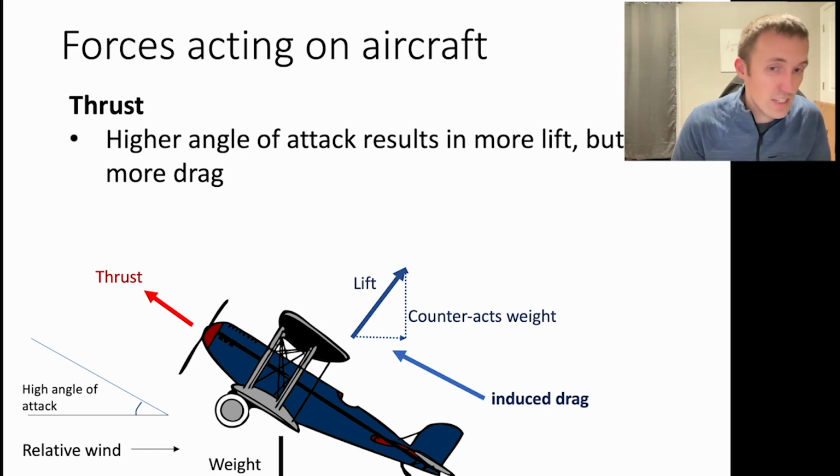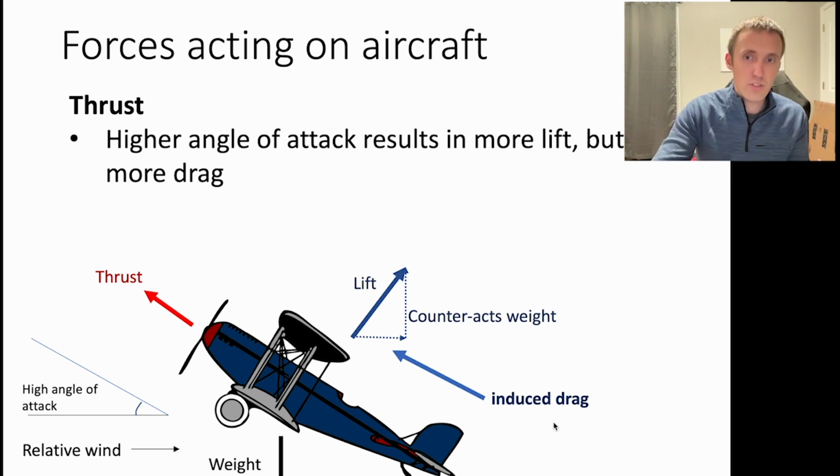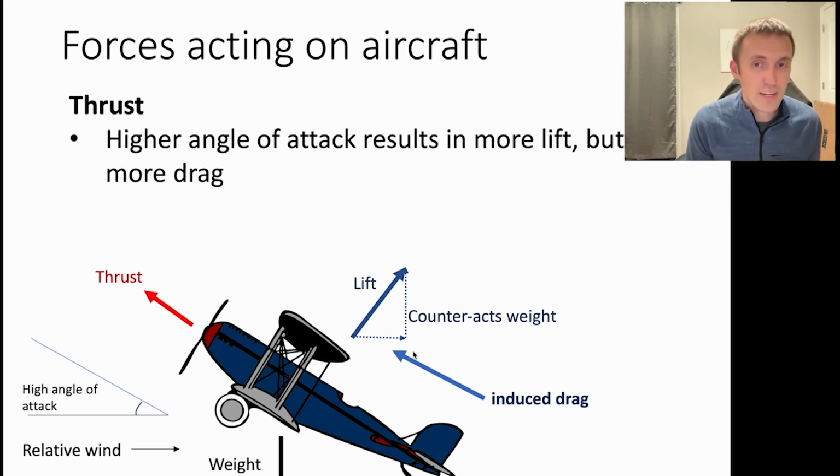You're moving down towards the ground, but your aircraft is tipped up in the air. This high angle of attack results in some additional drag that we'll talk about in more detail in a moment. It's actually called induced drag. But you can see here that the lift is counteracting the weight. There's a vertical component counteracting the weight, but then there's a rearward component of the lift, which is in the direction opposite the aircraft motion, and that is dragging on the plane, causing an induced drag.